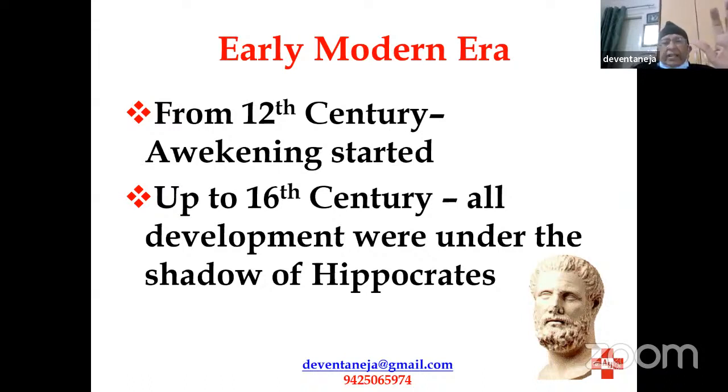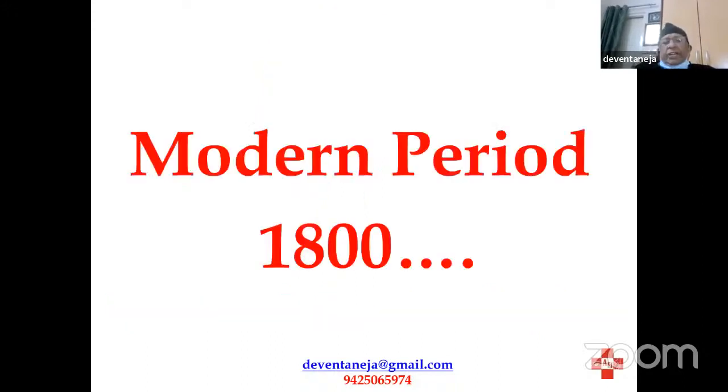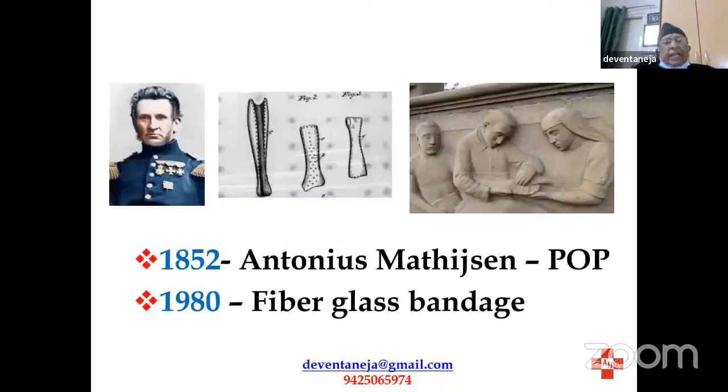A lot of people believed what Hippocrates had said, and a lot of medicine developed on his philosophy. Then Nicolas Andry and others came and talked about orthopedics in a more scientific way. The modern period started from 1800. In the 19th century, very important things started developing.